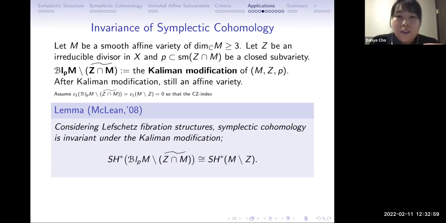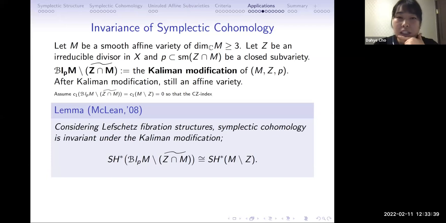Let M be a smooth affine variety and C an irreducible divisor, and P a closed subvariety containing the smooth part of C intersect M. The Kaliman modification of M is the blow up of M along P, deleting the proper transformation of C. So we blow up and delete the proper transformation of C.